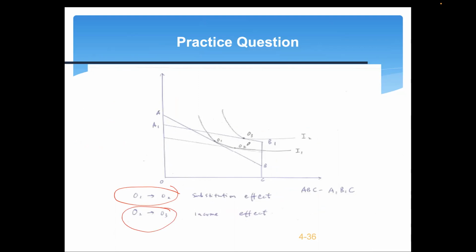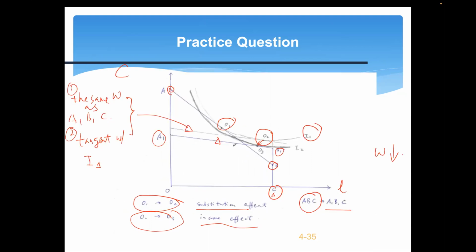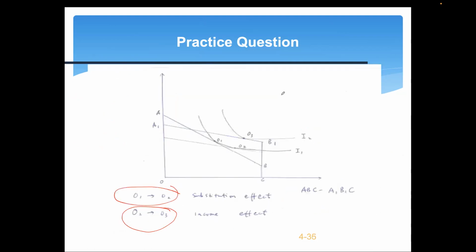But the difference between this one and this one depends on, let me write in the next one, that in terms of income, there are two sources of income change. One is your dividend. The other is your wage income. In this one, we are considering the case of the net impact.